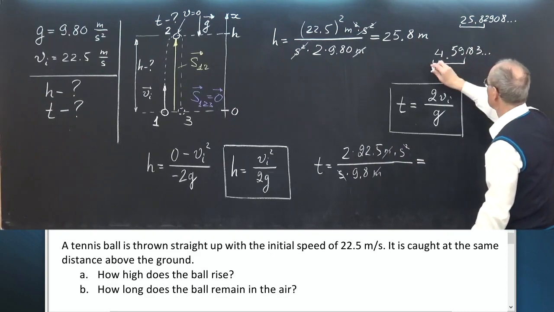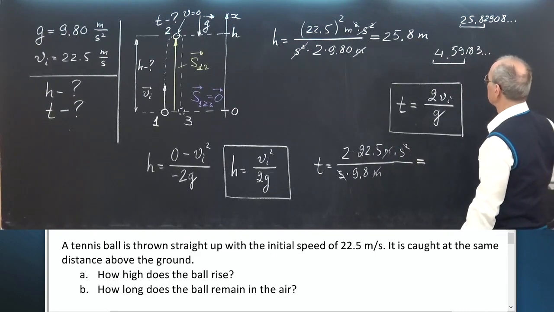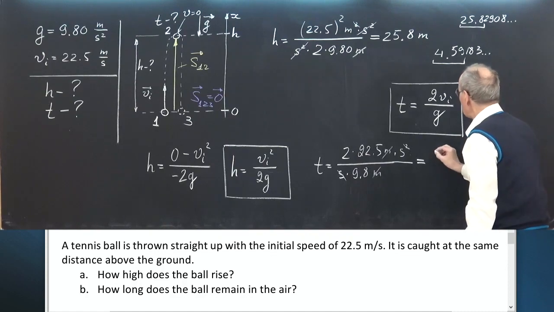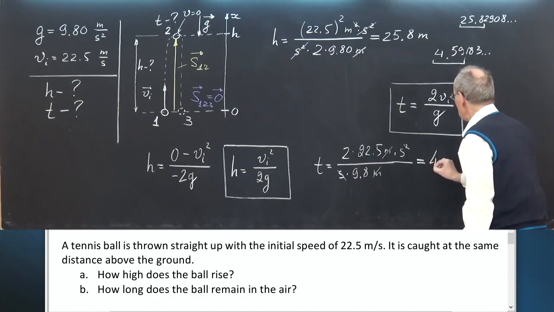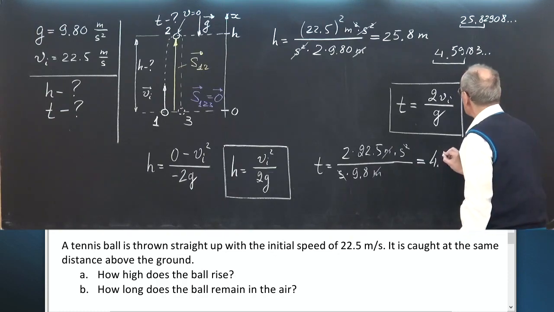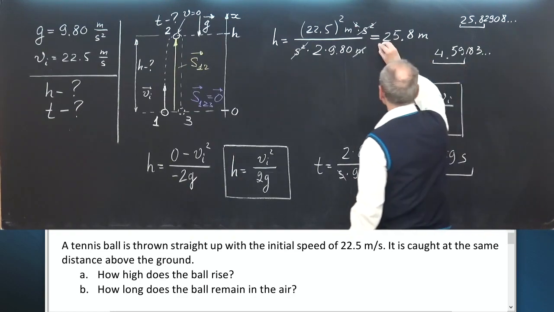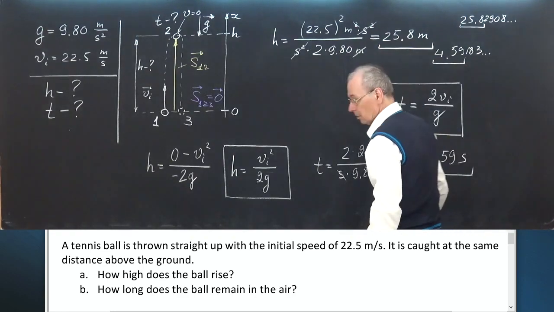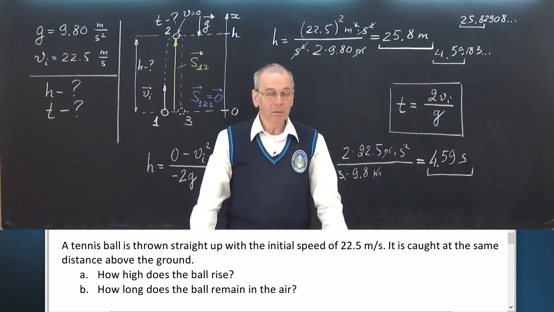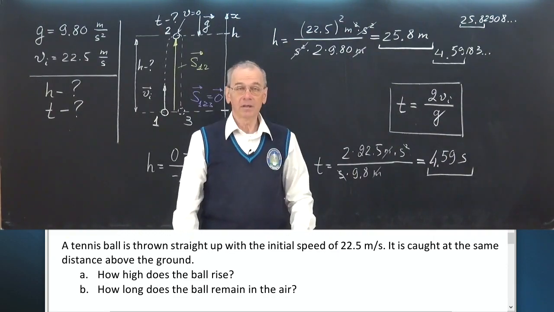When you round to 3 significant digits, you should write 4.59 seconds. This is time, this is height. The problem is solved.